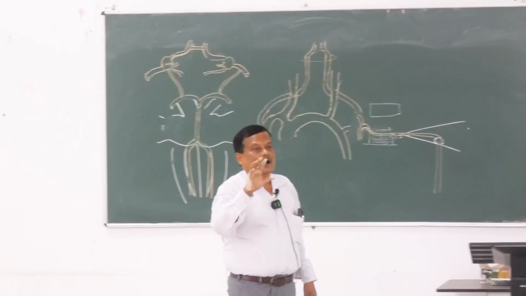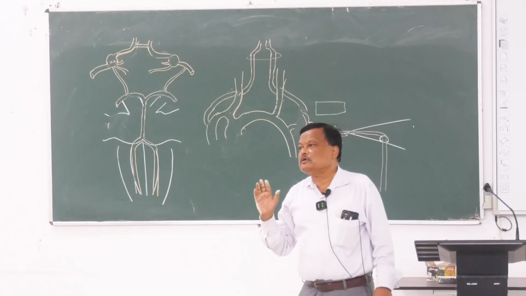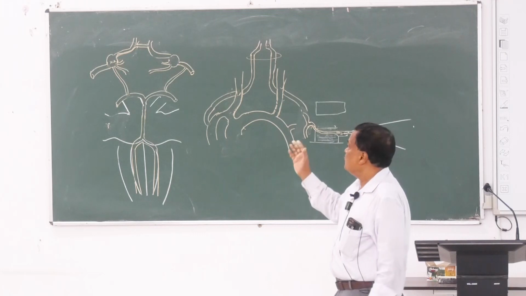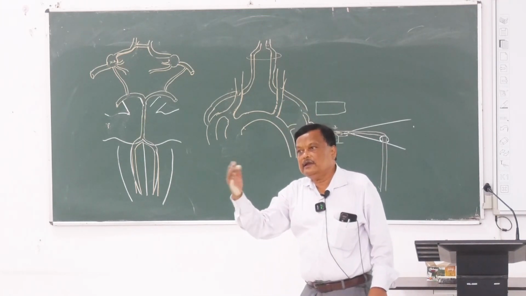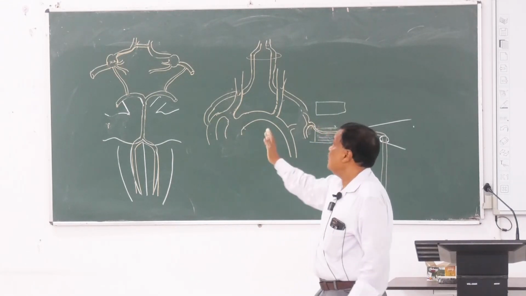This is the arterial circle of Willis. It makes a communication between the internal carotid artery and vertebral artery, and connects the right side blood supply of the brain with the left side.